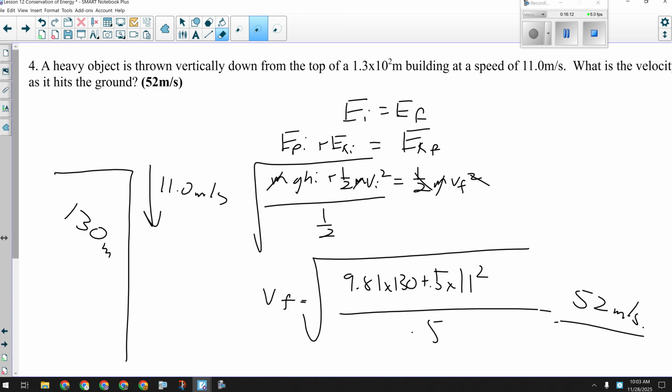Let me ask you a theoretical question here. This question made a point of saying the object was thrown vertically downward. Would the answer change if it was thrown vertically upward at 11 meters per second?